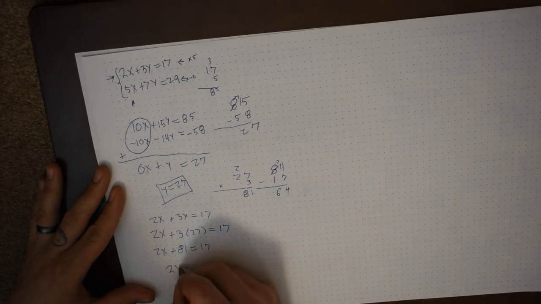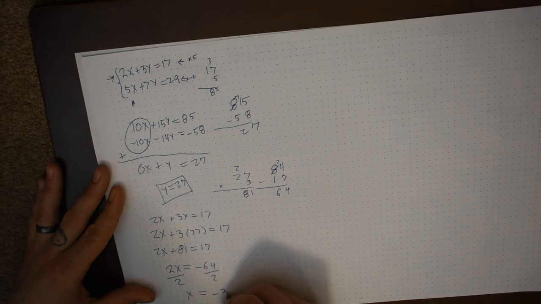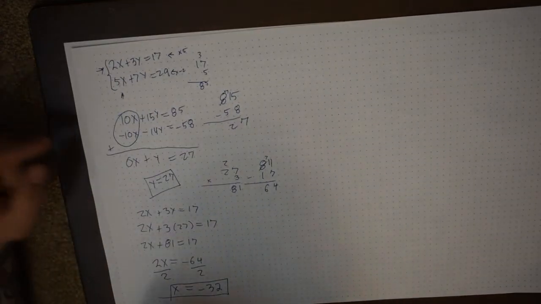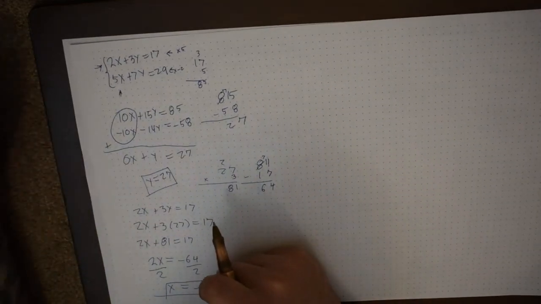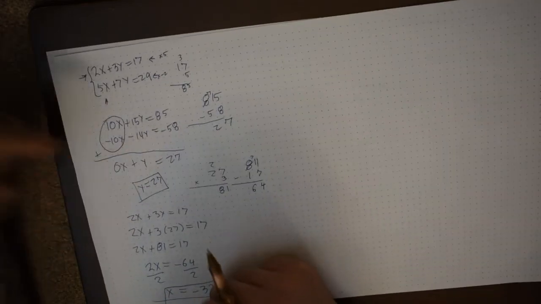So we get 2x to be equal to a negative 64. Divide both sides by 2. So you get x being equal to a negative 32. It'd be best if we went through and we checked this work. I've got the answer written down off camera, so I know I did it right.